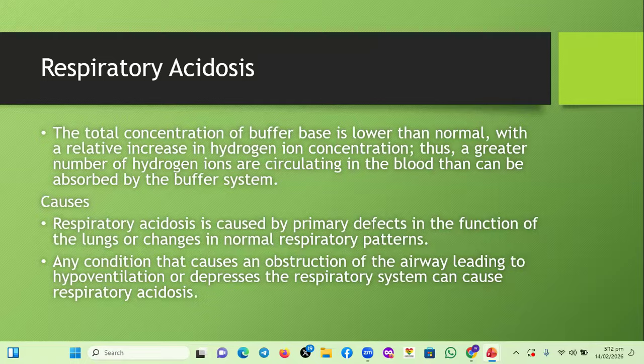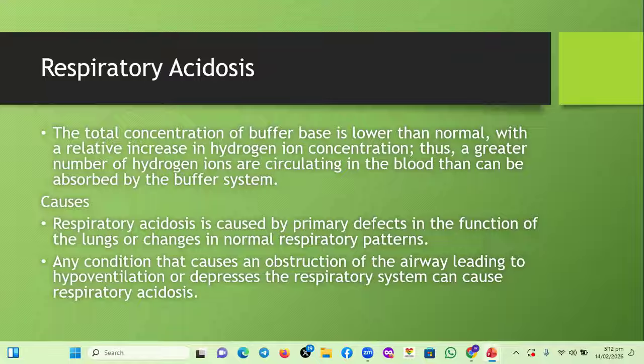That is not what the NCLEX is going to ask you. What the NCLEX is going to ask you is, what are the causes? The causes of respiratory acidosis are primarily when there is a defect in the lungs, or when the lungs are not working adequately to bring out carbon dioxide, or changes in normal respiratory pattern.